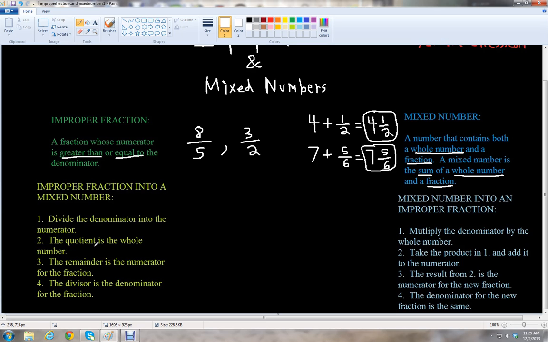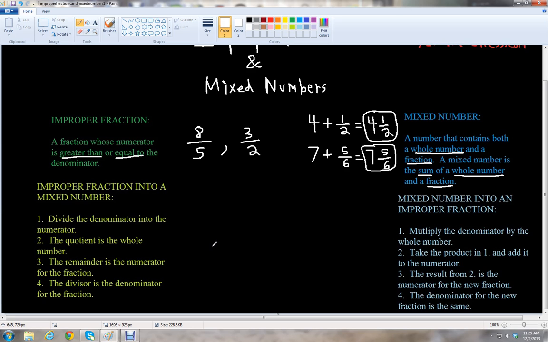Then the quotient is the whole number. The remainder is the numerator for our fraction, and the divisor is the denominator for the fraction.